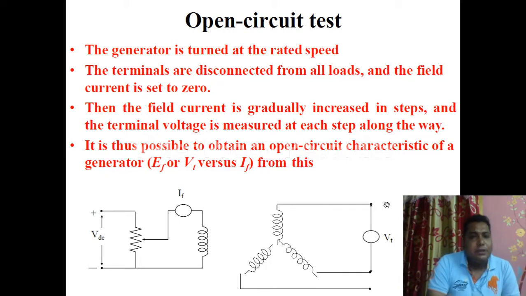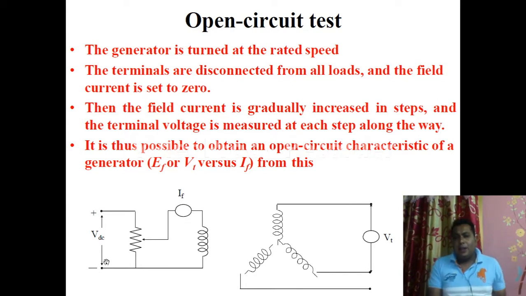So that means in the open circuit test, at the electrical output terminal, no load is connected to the system. Okay, so as you can see, the left hand side diagram is the field coil and the right hand side diagram is the armature coil.